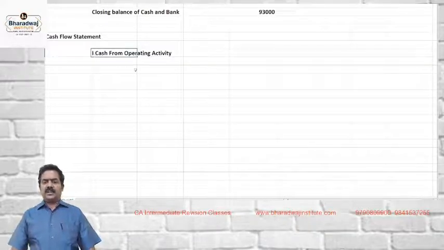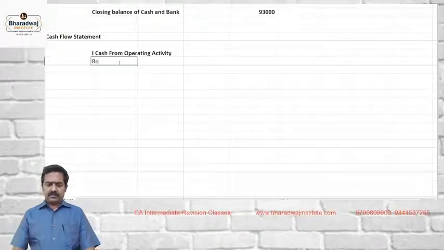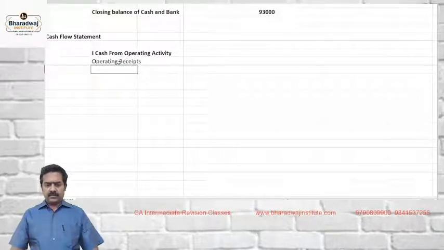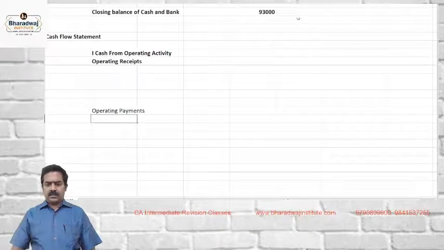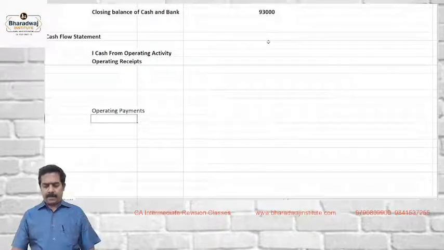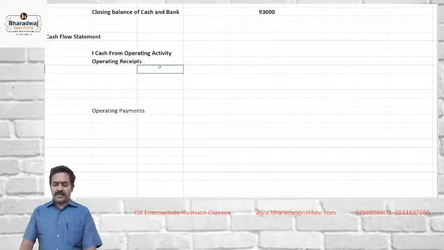Cash for which activity? Operating activity. Operating receipts. Just record operating payments. What are the operating receipts?